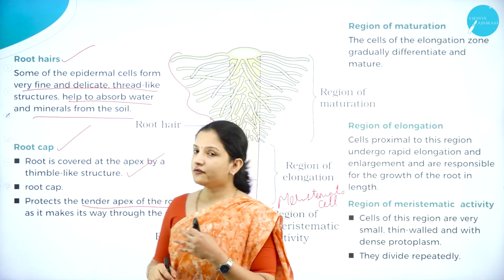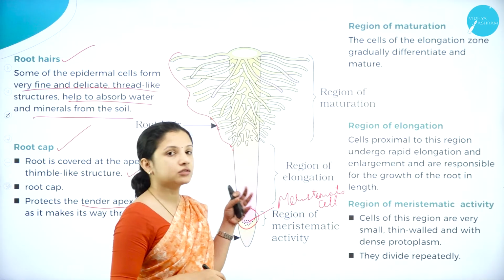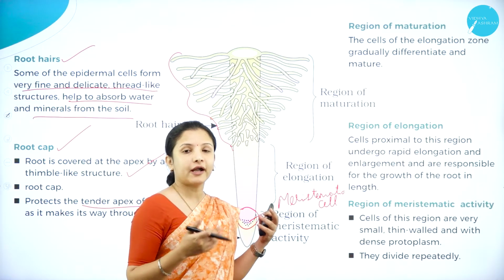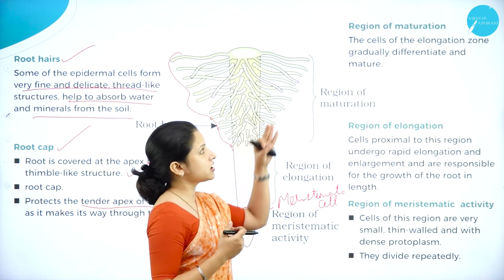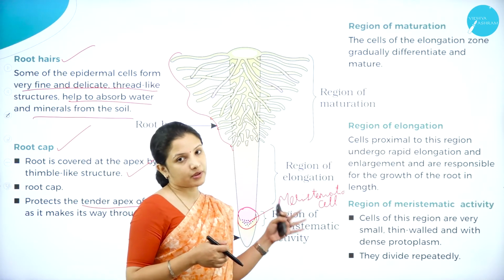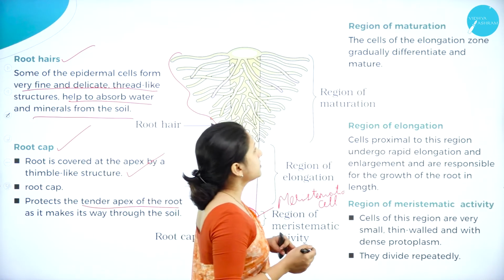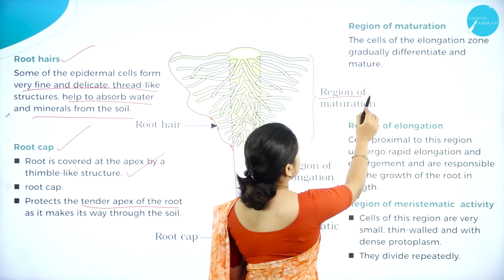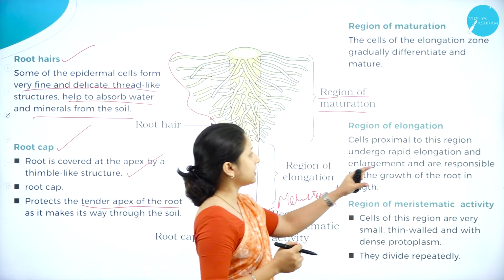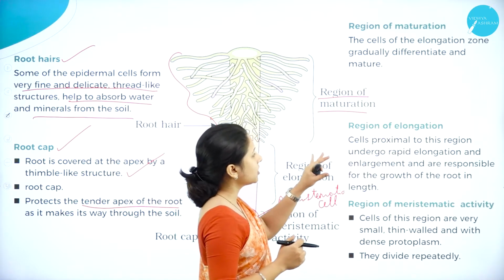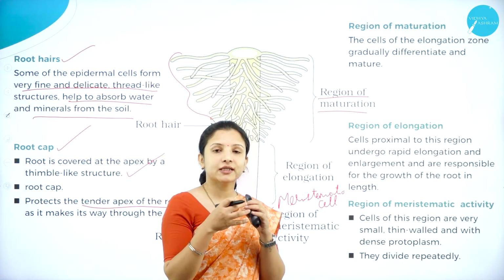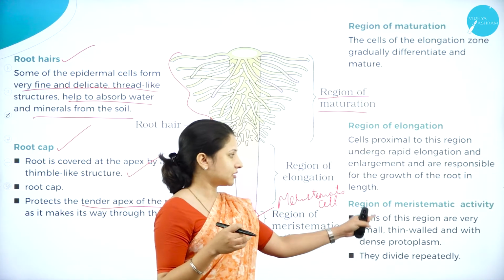Next, apart from these, there are various regions present in the root, based on what kind of cell is present. We have the region of maturation, the region of elongation and the region of meristematic activity. Here, first the newly formed cells, which are very fragile, will be there in the meristematic zone.